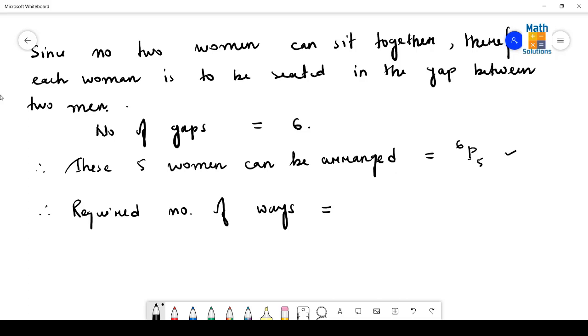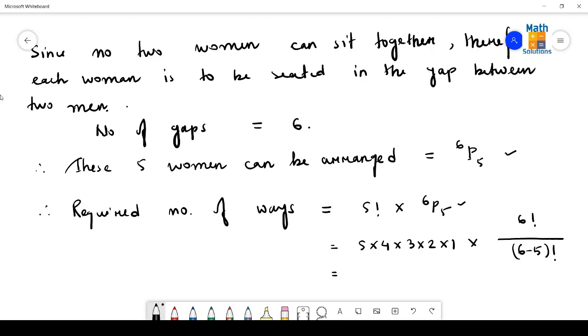Therefore we can write here 5 factorial into 6P5. Let us break it: 5 into 4 into 3 into 2 into 1, into 6P5, which is 6 factorial divided by 6 minus 5 factorial. Breaking this completely, we get 5 into 4 into 3 into 2 into 1, and 6 into 5 into 4 into 3 into 2 into 1.